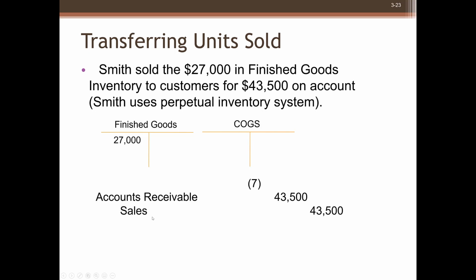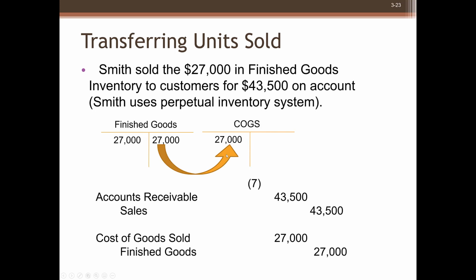And we credit sales for $43,500. The other journal entry is to recognize the transfer cost from finished goods to cost of goods sold. We debit cost of goods sold, and we credit finished goods at $27,000.